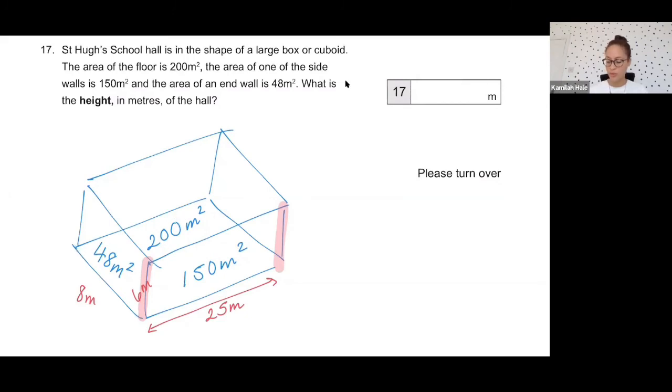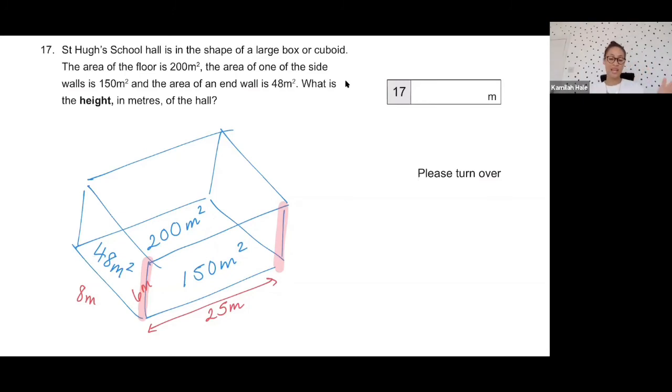So to find the floor space, if this is 8 and this is 25, then we would do 8 times 25 to find the area of the floor. So just quickly work out 8 times 25 for me. It is not 20. It's way too small. Yeah. So 8 times 25 is 200.